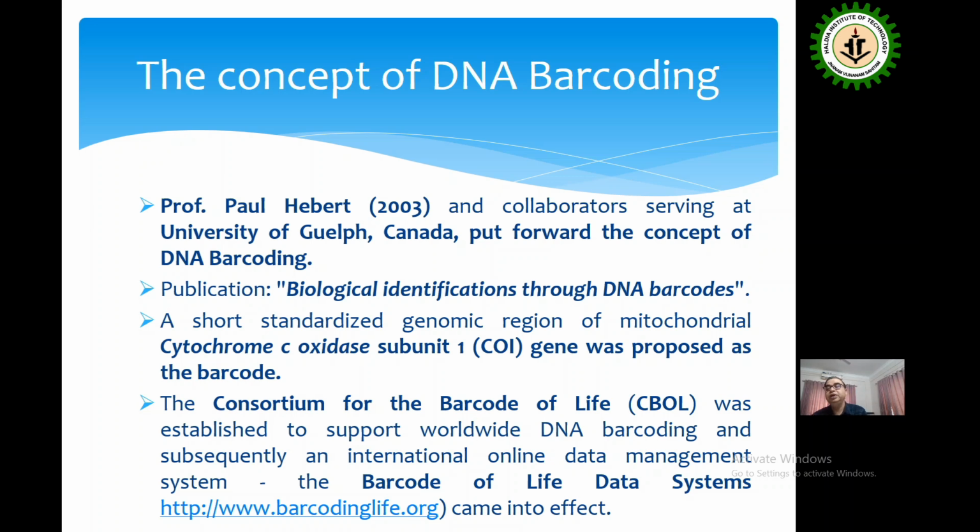Rather, when we isolate the genomic DNA, due to the high copy number, we also get the mitochondrial DNA. So, no need to isolate mitochondrial DNA separately. We can just isolate the genomic DNA, and when we do the PCR using the specific primers for the cytochrome oxidase subunit 1 gene, then we can get the barcode.